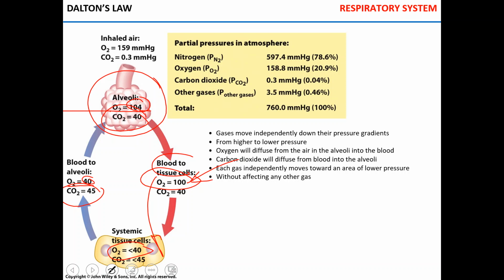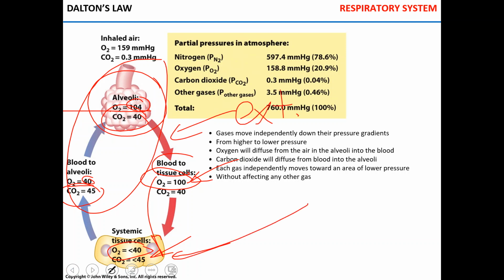And for CO2, the situation is going to be inverted, because the pressure of CO2 in the blood is 40, while the pressure of CO2 in the tissue cells is 45. So CO2 moves from tissue cells to the blood. So this process, the gas exchange in the alveoli, is called external respiration, and the gas exchange in the tissues is called internal respiration.